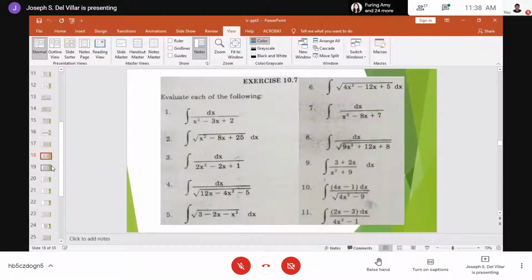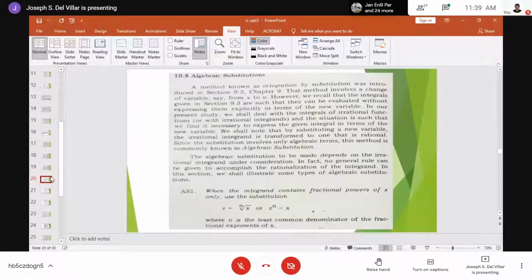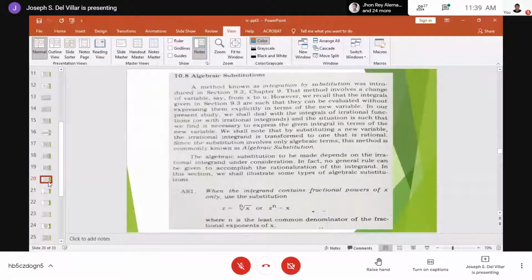Okay, 10.7. Assignment. Oh, up to 20 pala to, no? Dami. Okay? Okay, let's start up to, dyan lang muna, no? Kasi masyadong marami na yung assignment. Okay?